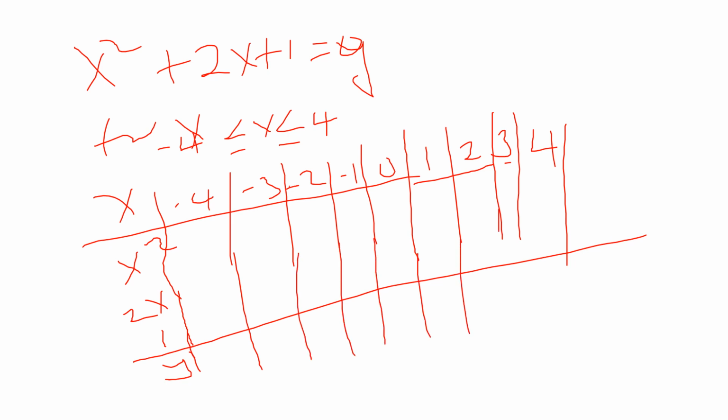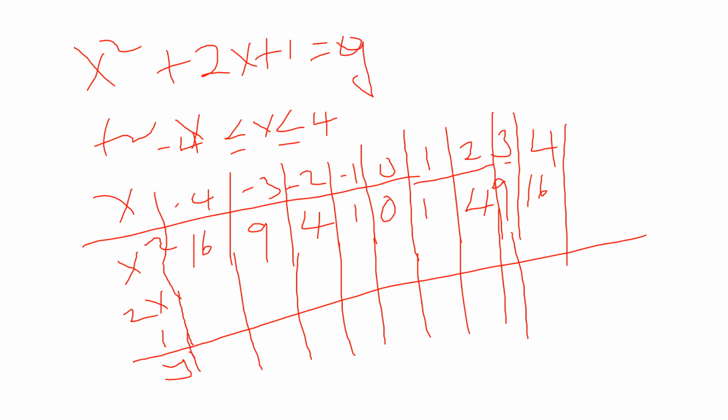So our x squared here becomes 16, here becomes 9, here 4, then we have 1, 0, 1, then we have 4, 9, and 16.